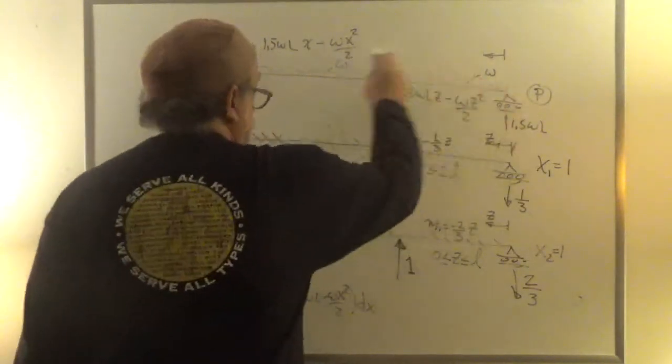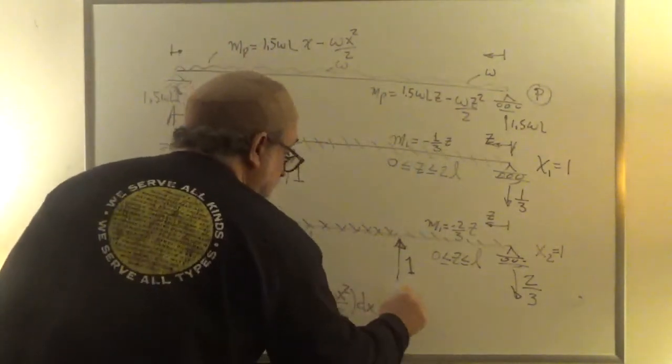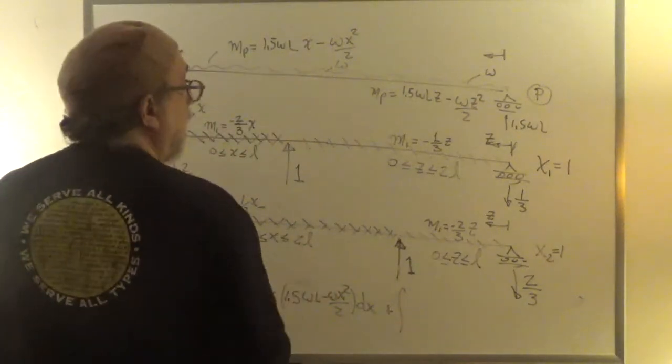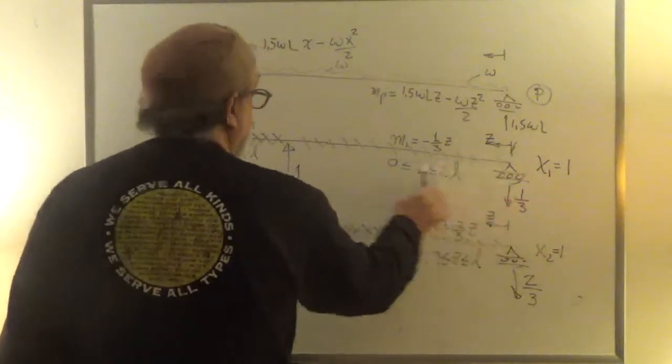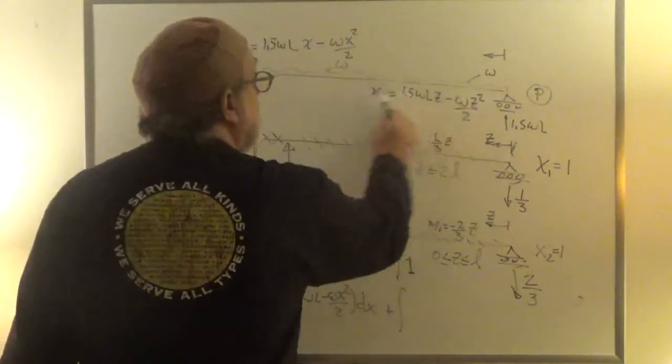For this part of the structure over here, we were going to have plus the integral. Now what can I do? Here, this part, since I have this part here described in terms of z, I'm going to use this equation.